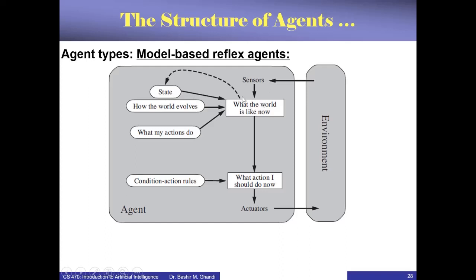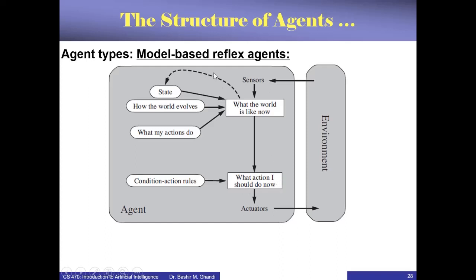All right. So this is the information that will help the agent to know how best to proceed, not only based on the current percept, but information about how the world evolves and based on the current state. So with that, now it can proceed to check the condition-action rules to decide what action I should do now.